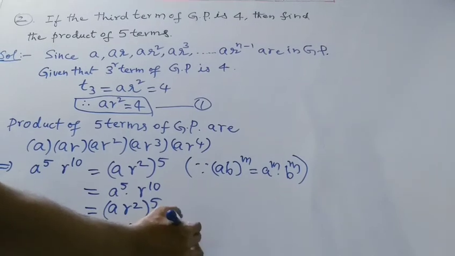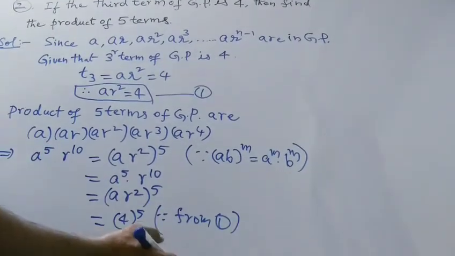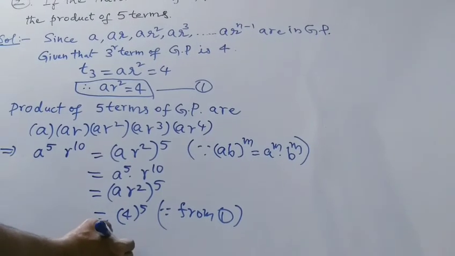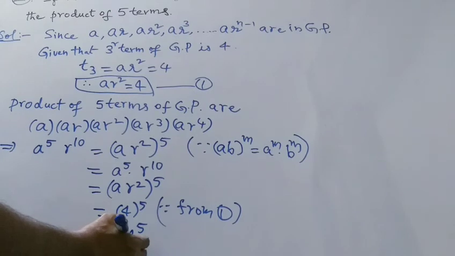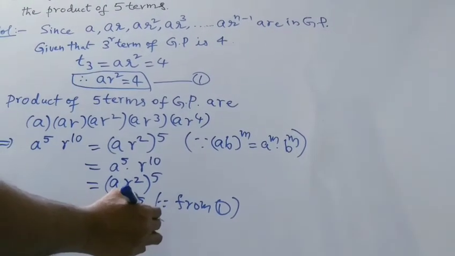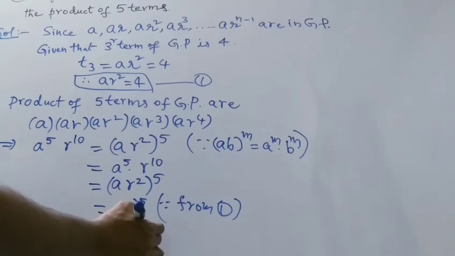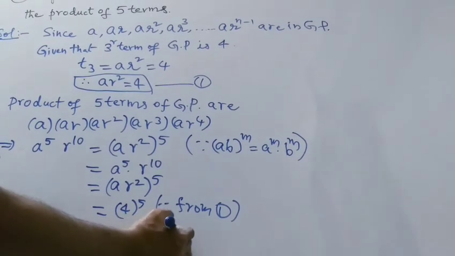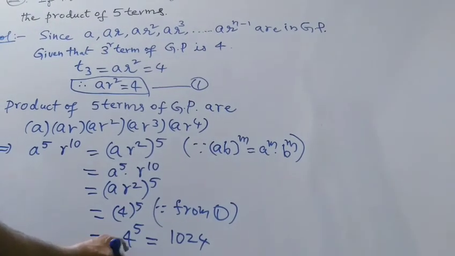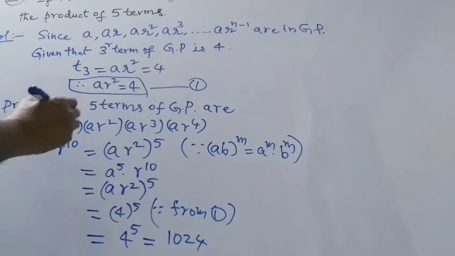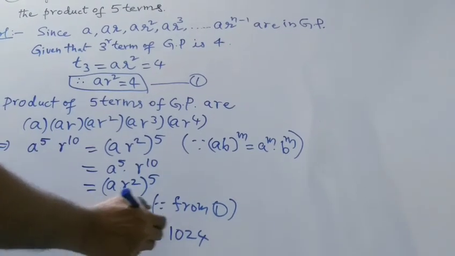Since from 1, this is equal to 4 to the power of 5. That means 4 into 4 into 4 into 4 into 4. After multiplying 5 times 4, it becomes 1024. So the product of 5 terms of the geometric progression is 1024.